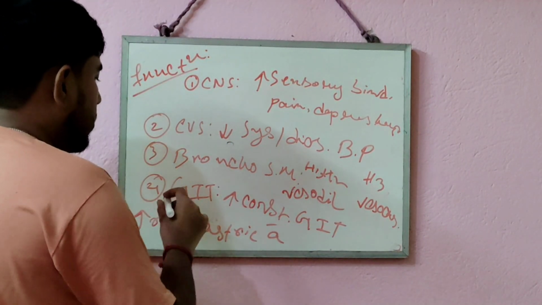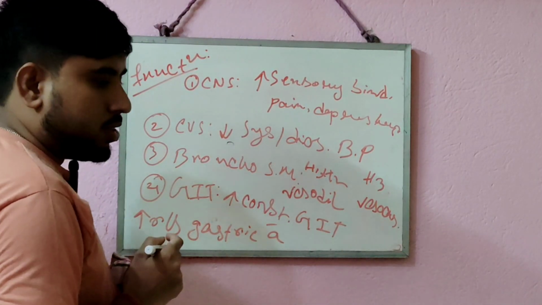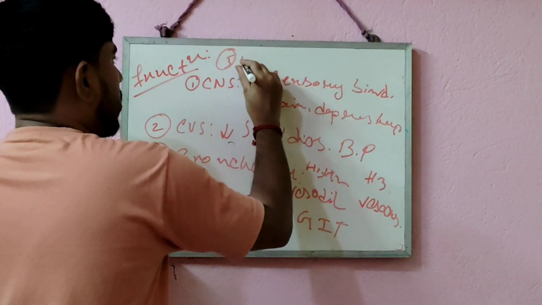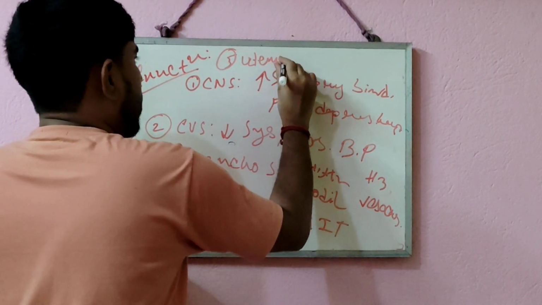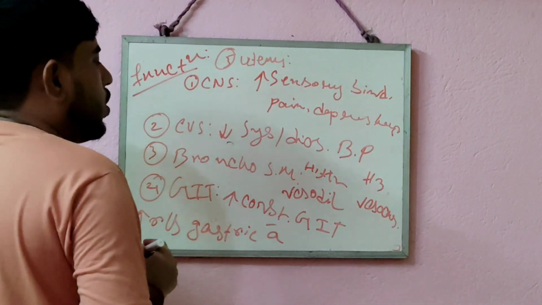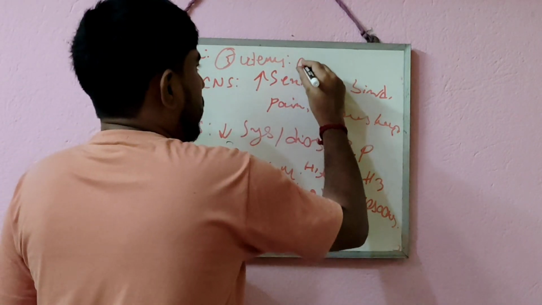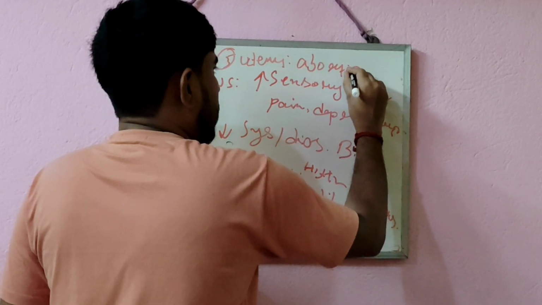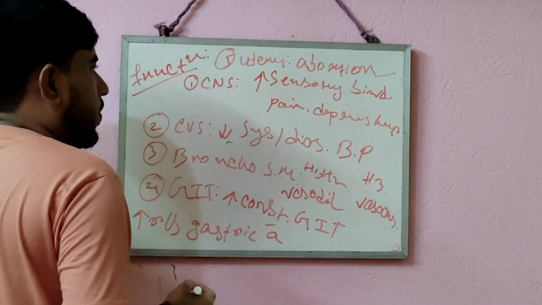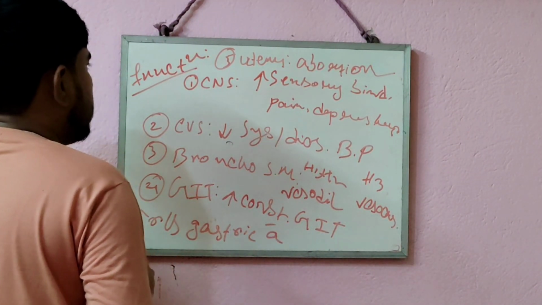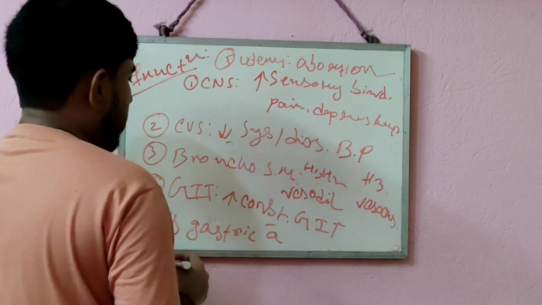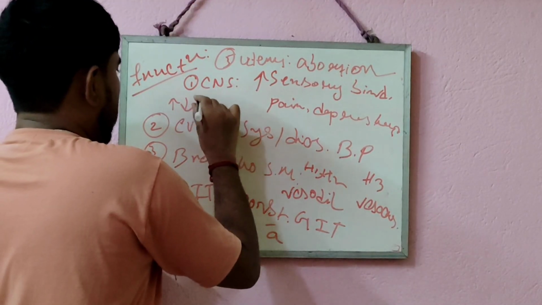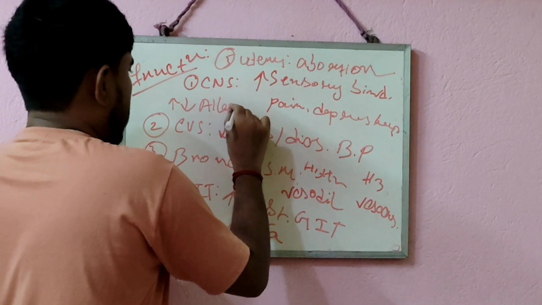And in case of the uterus, histamine helps during the abortion of pregnant women. So these are the main general actions shown by histamine, and the most important is controlling allergic reactions.